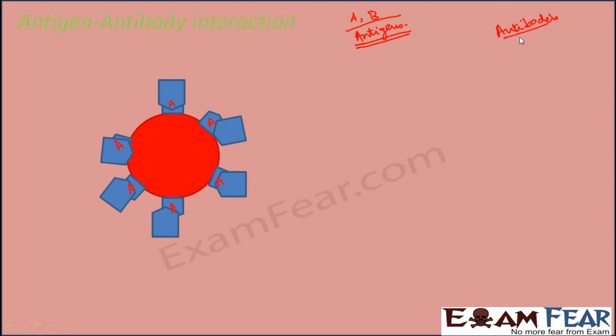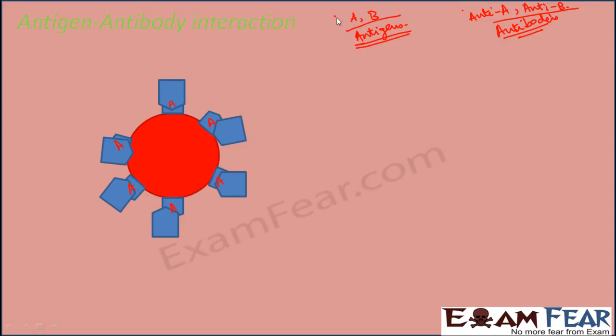Whenever you have to denote an antibody, you denote it as anti-A, that is antibody A, and anti-B, that is antibody B. Please remember that anti-A, that is antibody A, will always attack antigen A. So antigen A should never be present with antibody A. Similarly, antibody B will always attack antigen B.